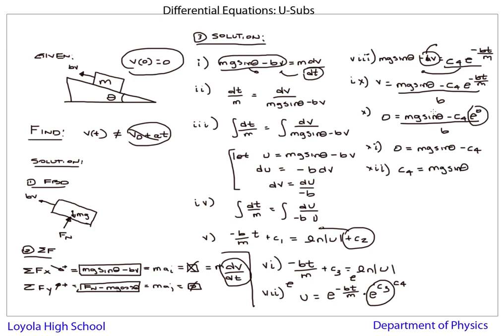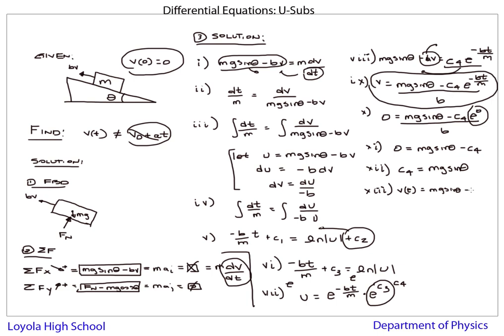So what's that do for me? Well, I take this step here, my velocity as a function of time, now I know what C4 is, and so my final answer, finally getting there, is my velocity as a function of time is equal to mg sine theta minus C4.